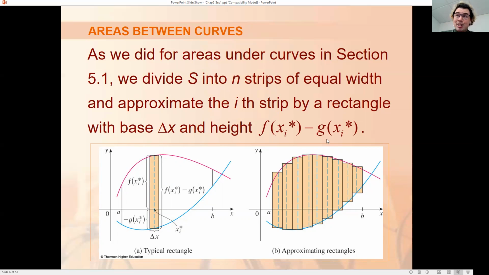Whatever the difference of those functions is will now be the height of my rectangle. This should all seem familiar, just that back in Calculus 1, our g of x was always 0. We were always stopping at the x-axis. Now that we're learning more advanced integration techniques, we don't have to do that anymore.